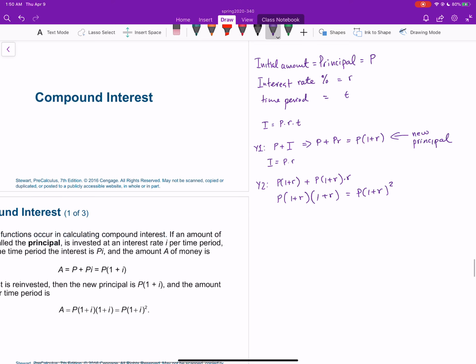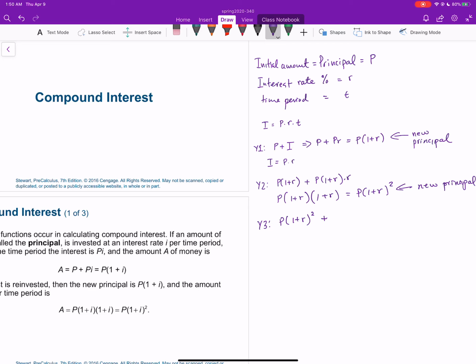In year three, you start off with your initial, so this is also the new principal, right? Plus the interest that has accrued.